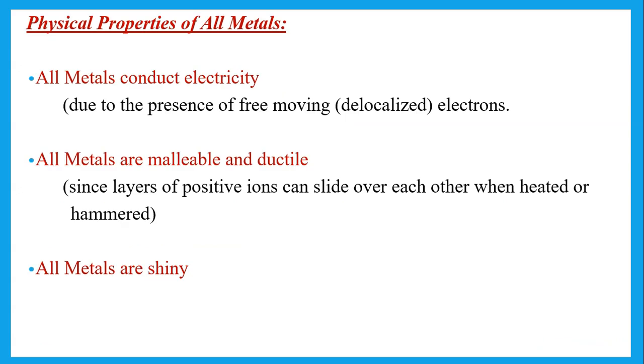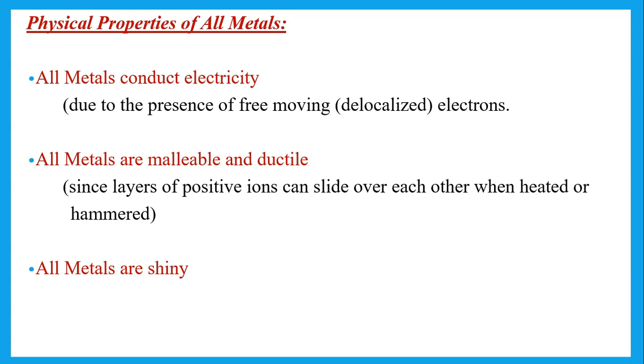Now, for the physical properties of metals, all metals conduct electricity because they have free moving delocalized electrons. Remember, ionic compounds conduct electricity when they have free moving ions; metals have free moving electrons.